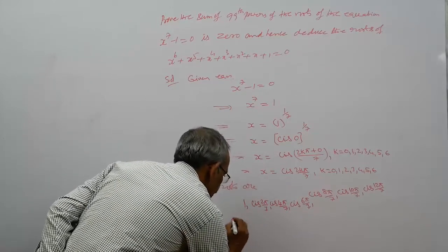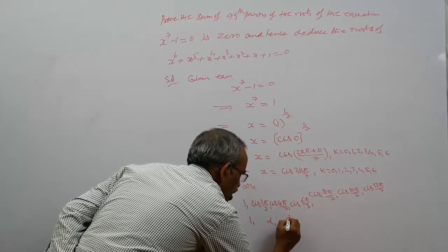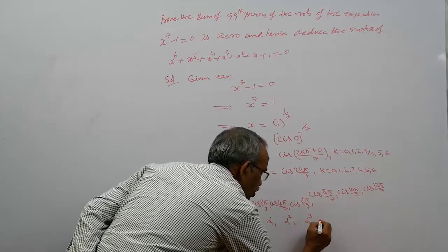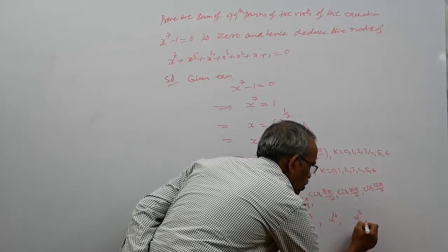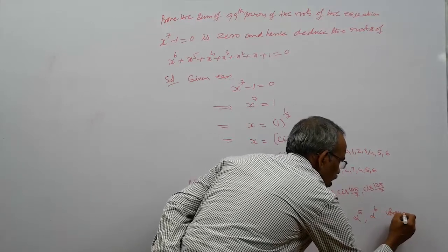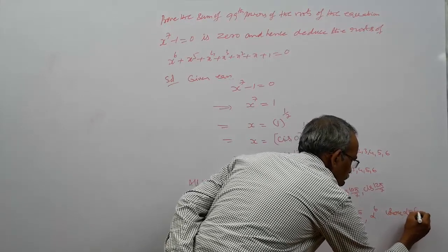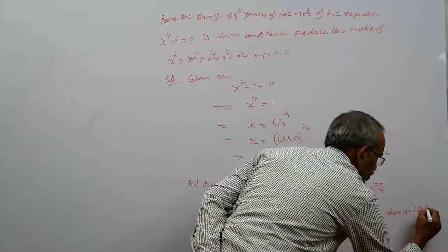Let us take the roots as 1, alpha, alpha square, alpha cube, alpha to the power of 4, alpha to the power of 5, alpha to the power of 6, where alpha is equal to cis 2 pi by 7.